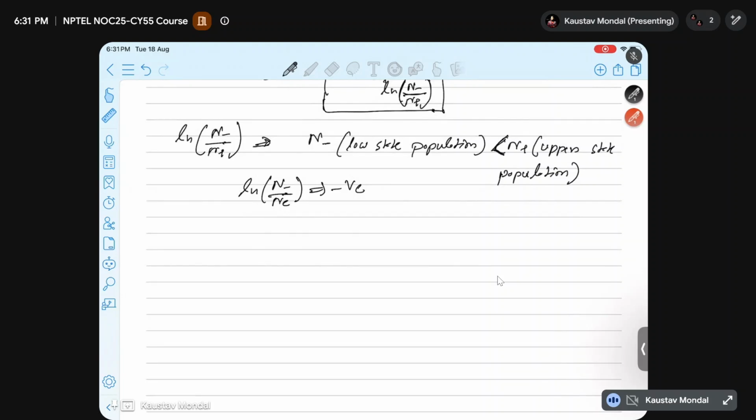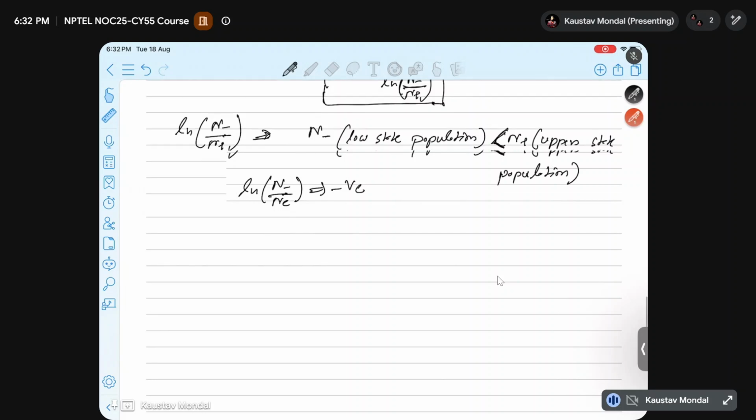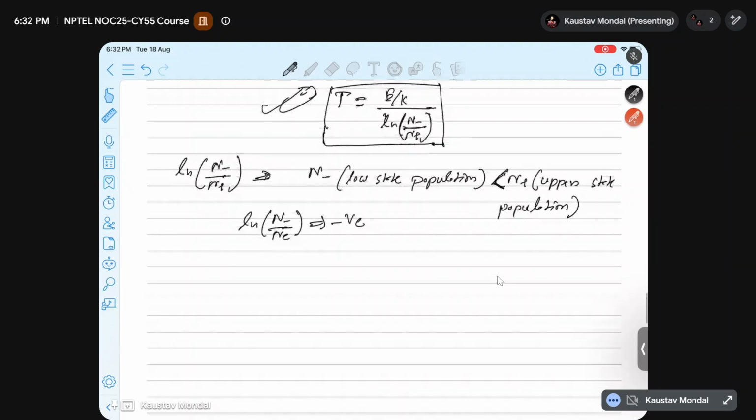In that case, inside this ln there will be a fraction term, a fraction that is less than 1. The ln of values less than 1 gives you negative values, right? So that means the temperature will also become negative.